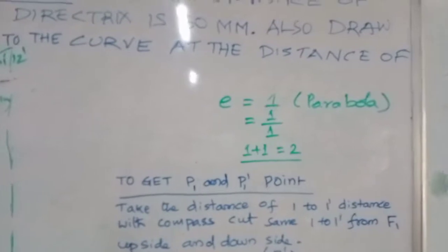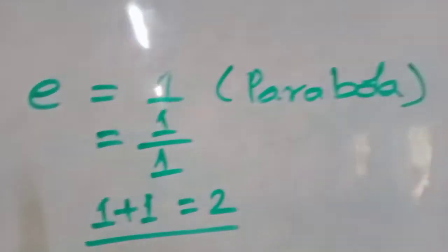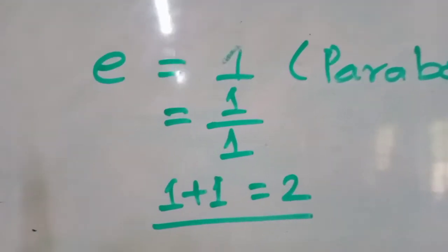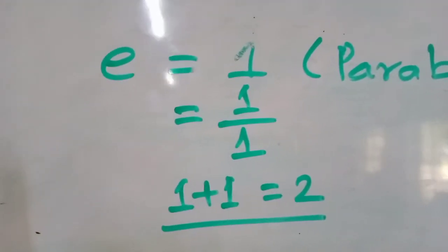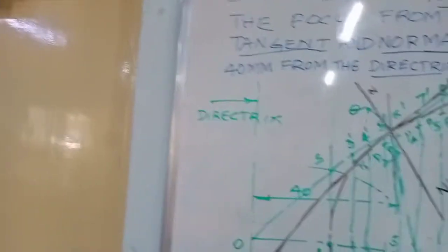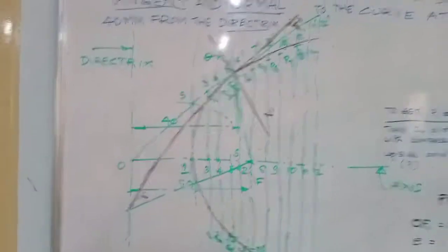So according to the ratio, 1 we can write as 1 by 1. Numerator plus denominator is 1 plus 1, equivalent to 2. That means the distance between the directrix and the focus we have to divide into 2 divisions.